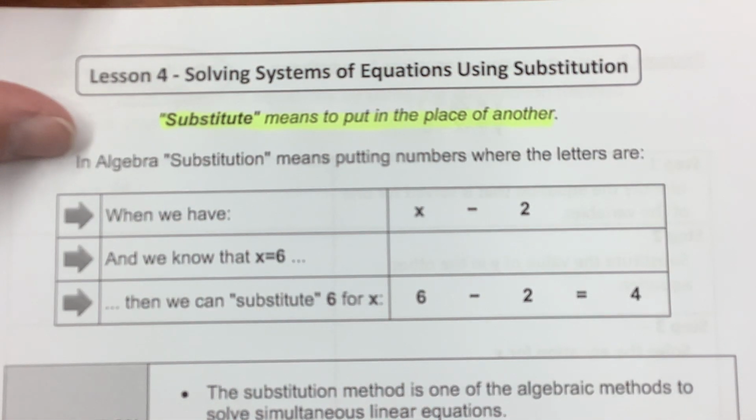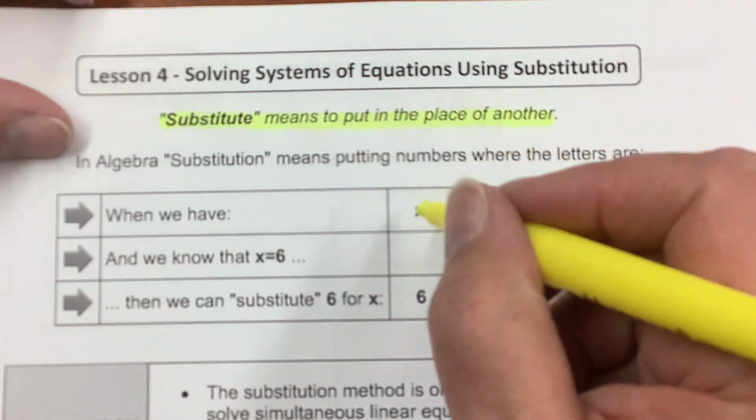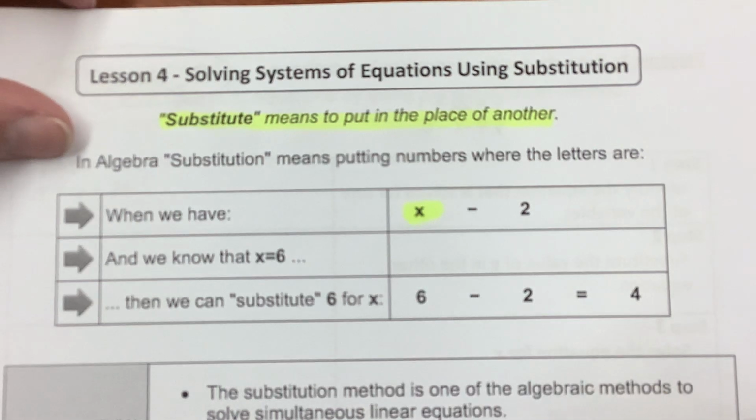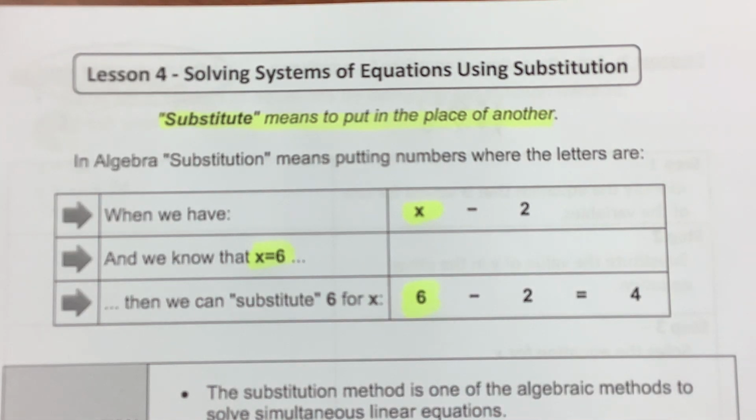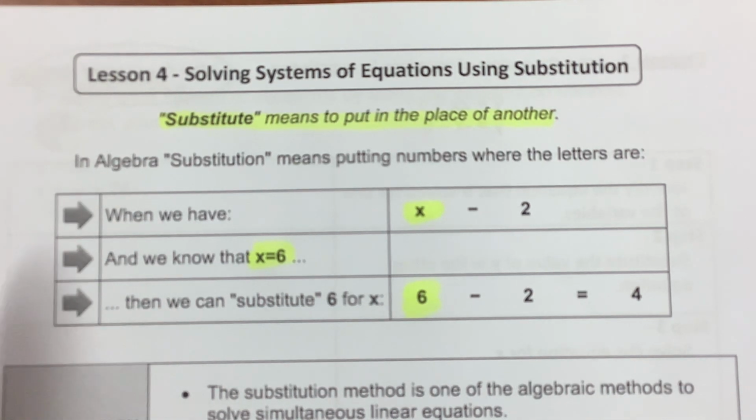So in algebra, substitution means putting a number where the letters are. So when we have x minus 2, and we know x is 6, where the x was, we substitute 6. We're going to be doing that with equations. Now, you've been doing this all along to solve problems and check your work.